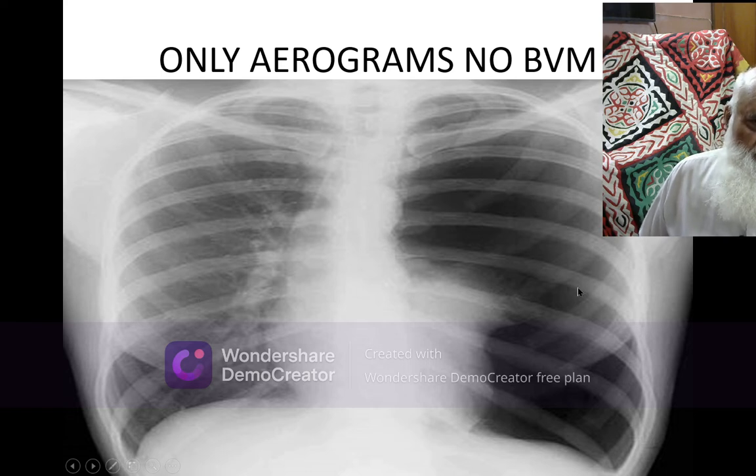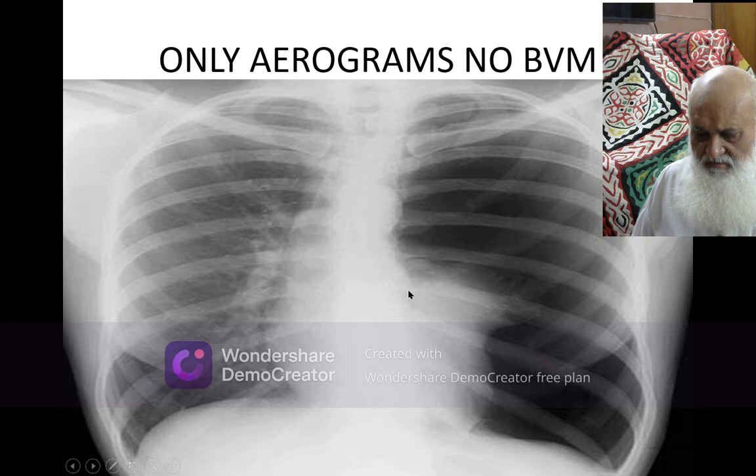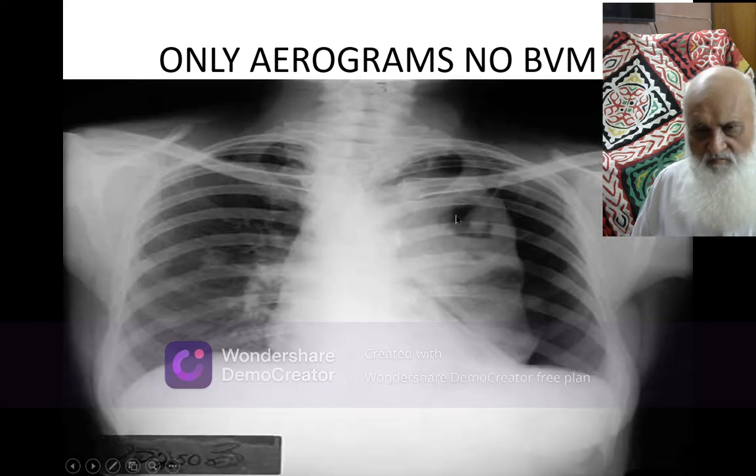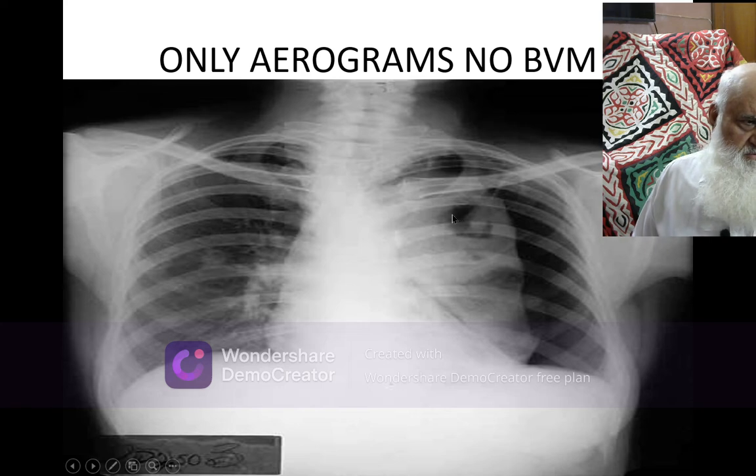So this is a spontaneous pneumothorax, and it is pushing the middle mediastinum to the other side. The classical left lung pneumothorax. Now only aerograms, no bronchial marking, same thing.